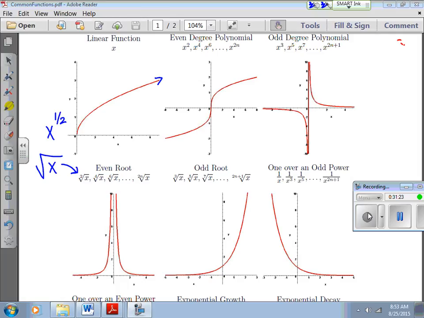We can't ever let the denominator be 0. That's when we start having those asymptotes, because you can't do division by 0. So if you ask Siri anything divided by 0, it's going to tell you, not possible.